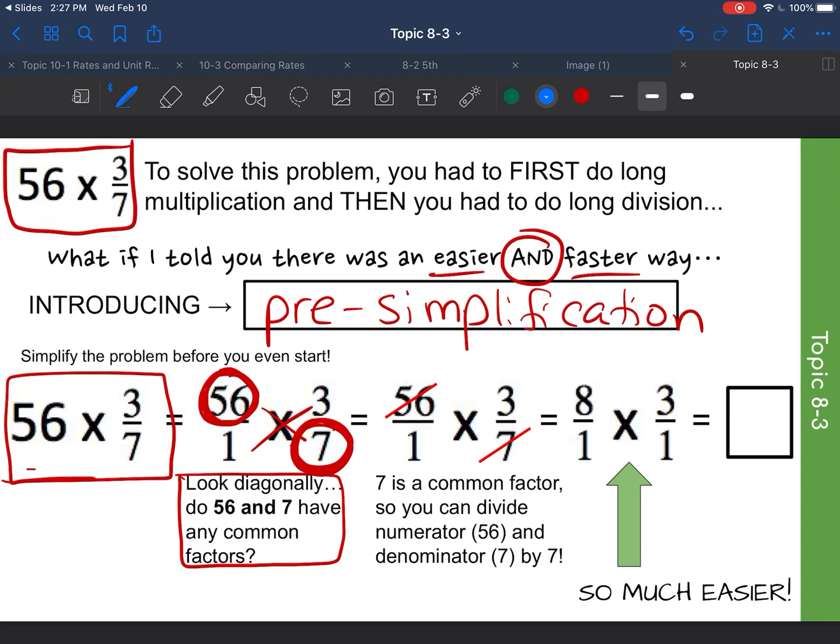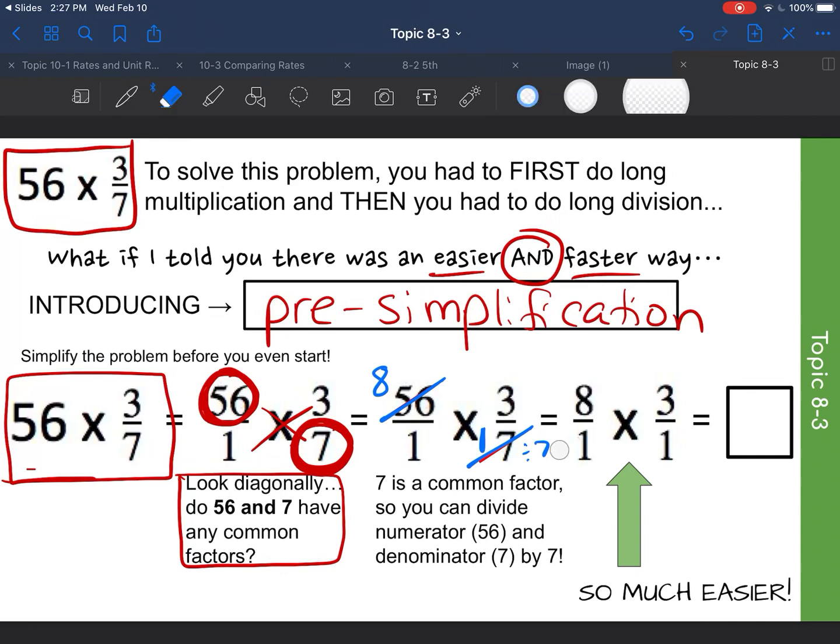So what you can do is the pre-simplification. 56 divided by 7 is 8. 7 divided by 7 is 1. Look at that. We just cut down those fractions so much. We basically just divided the top and bottom by 7, but we did it before we even solved the problem.